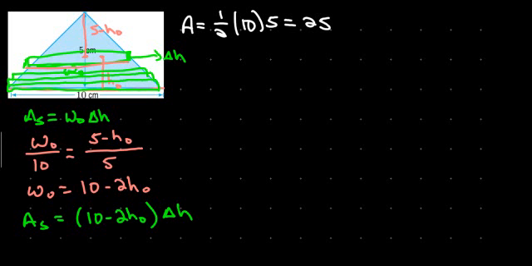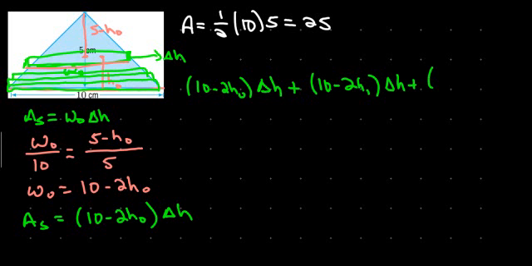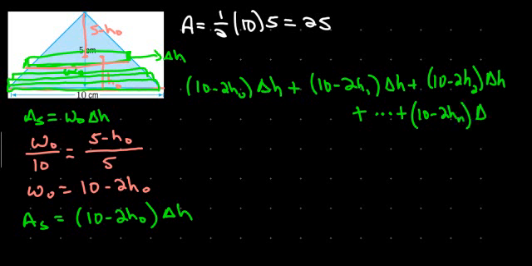So we got 10 minus 2 H naught times delta H plus 10 minus 2 H1 times delta H plus 10 minus 2 H2 delta H, and plus dot dot dot 10 minus 2 Hn delta H.